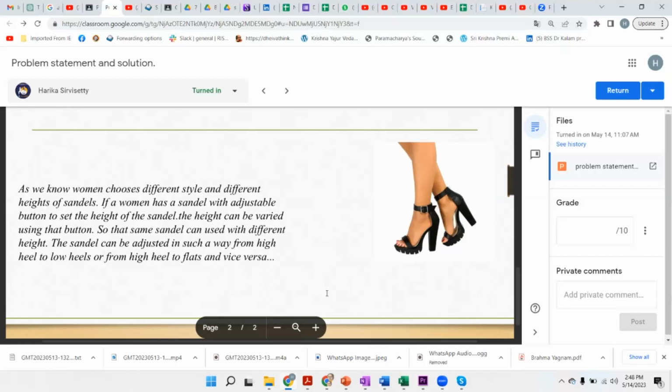If we put the button, when we want high heels we can walk in them. By walking on high heels, many women get leg pains and other problems. To reduce that, we can press the button and change the high heels into flats.